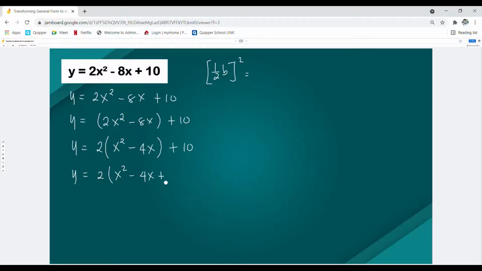So we will add the third term by getting first half of b and then squaring it. What is half of negative 4? You will say 1/2 of negative 4, and after that you raise it to the power 2. The result is negative 2, and then raise it to 2. That means it's 4, positive. So what you're going to write here is 4.